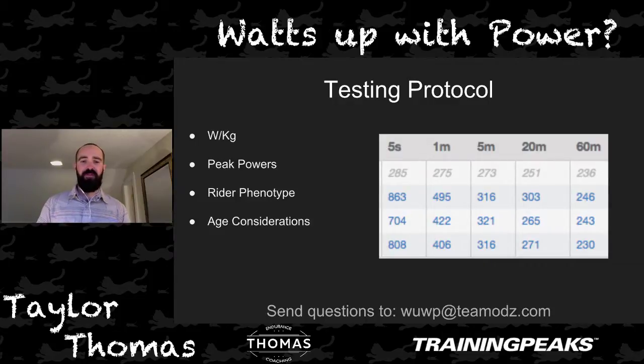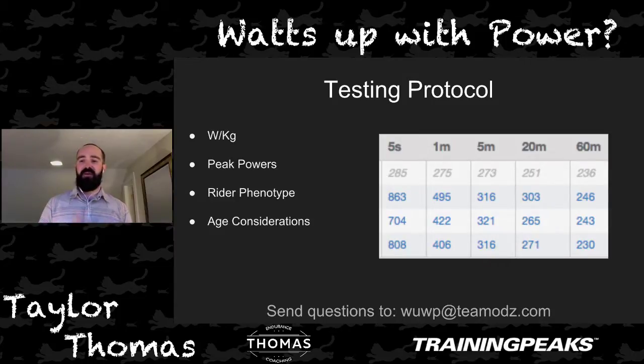It is a way to classify riders based on these strengths and weaknesses, or ultimately these watts per kilogram for each duration. So you could be what's called an all-arounder. You could be a sprinter, a time trialist, a pursuiter. These are just names to provide some sort of classification to what it is you're best at.